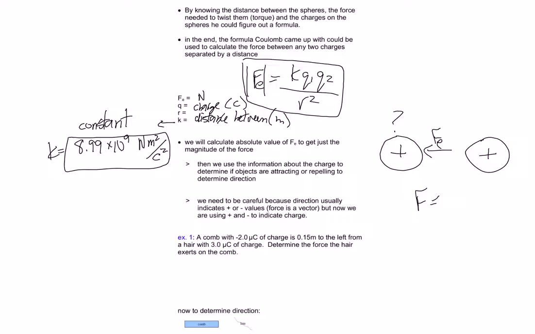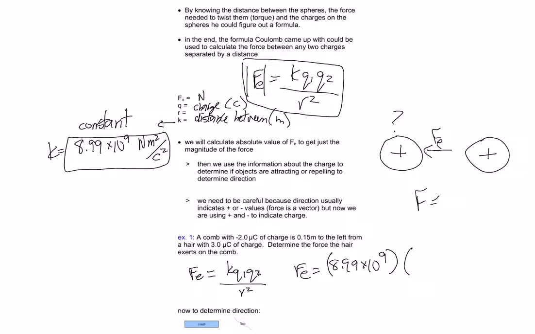So let's do a simple example. Example number 1 here at the bottom, it says calculate the force between hair and a comb. So you comb your hair and you create static, so we can actually figure out what the force of electricity is on those objects. So we just plug in our k value, 8.99 times 10 to the 9. Charge 1, you can see it says negative 2 microcoulombs.